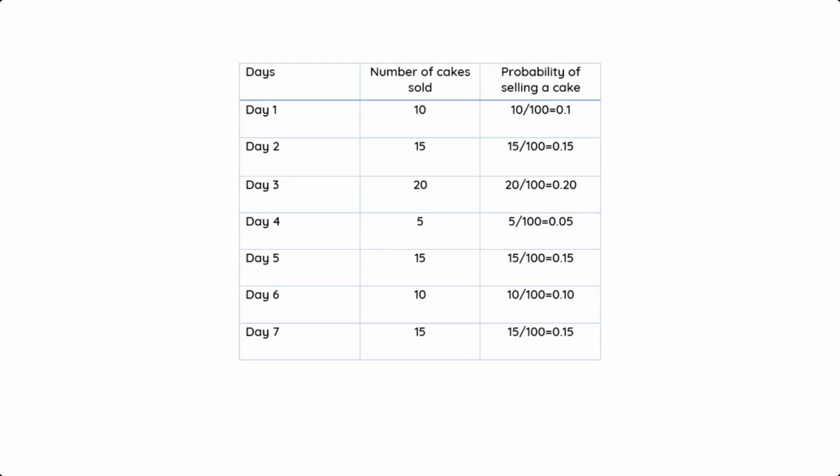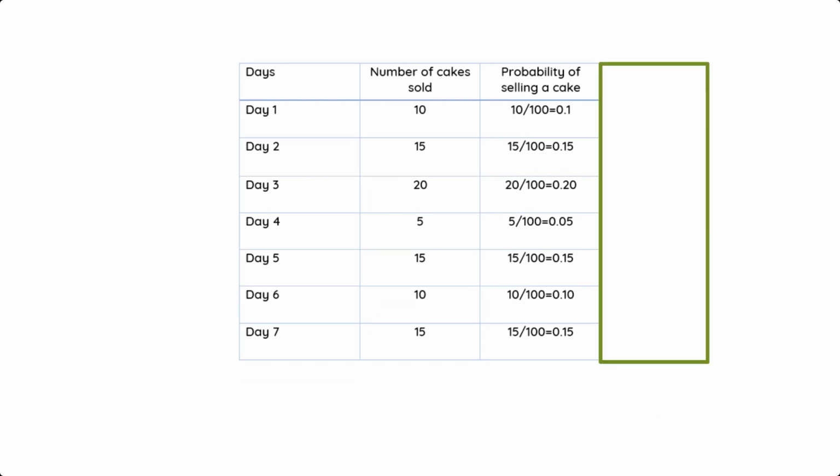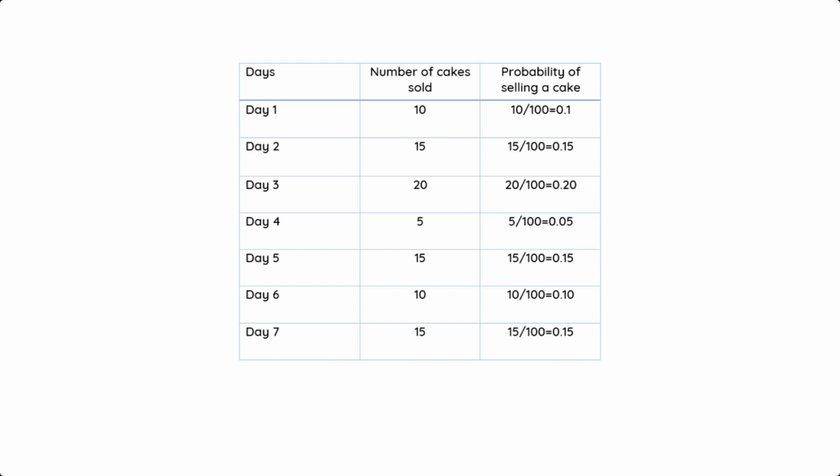So we have 3 columns right here. For us to get the expected value, we have to add a new column to the right, and that column is going to be x times P(X = x). That means each random variable multiplied by its corresponding probabilistic value.